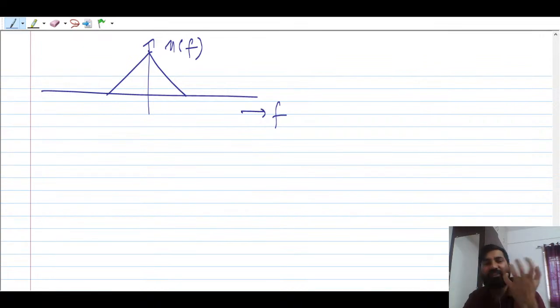It has frequency content, right? Understood. If the message signal is not properly specified, like a sinc function or some other standard function, then you need to consider this kind of arbitrary spectrum. So this is W and this is minus W.